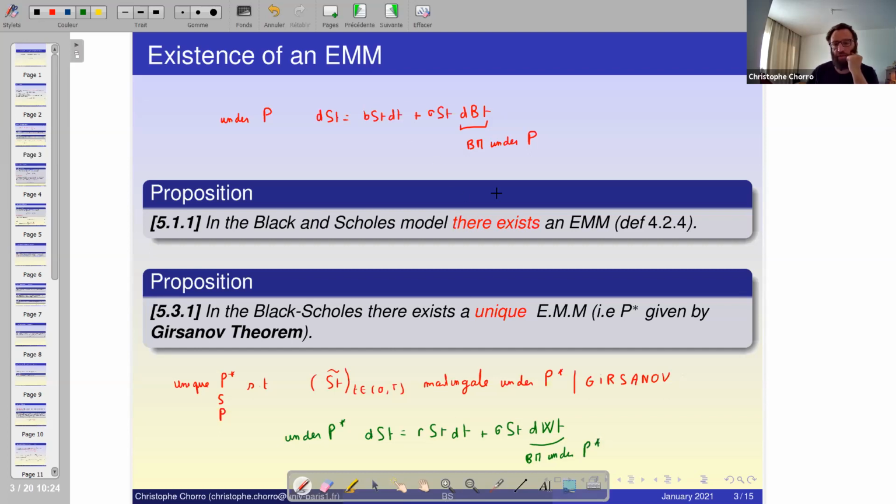So I see that these two equations have the same form. The only thing that is changing is the fact that the drift parameter b, that is unknown in the case of the historical dynamics, becomes the risk-free rate small r. So it means that my dynamic under P star, what I call my risk-neutral dynamic, only depends on a single parameter, that is the volatility parameter. I don't have b anymore in this dynamic.